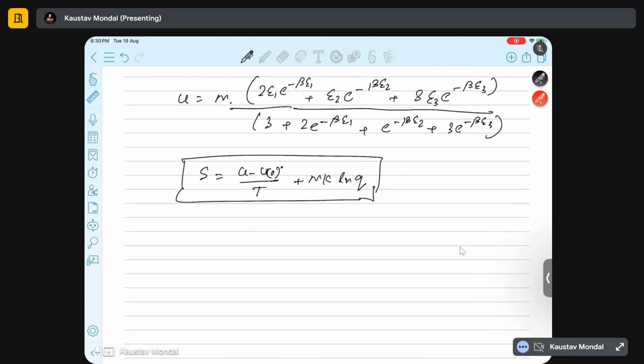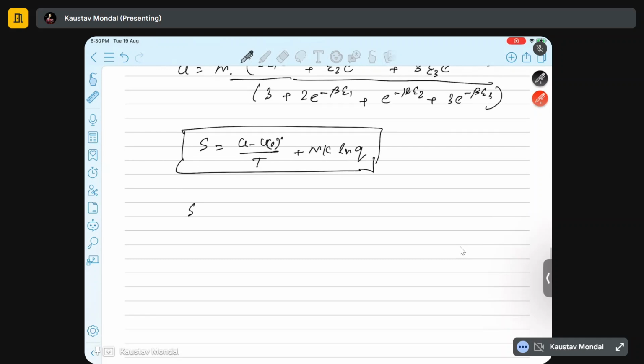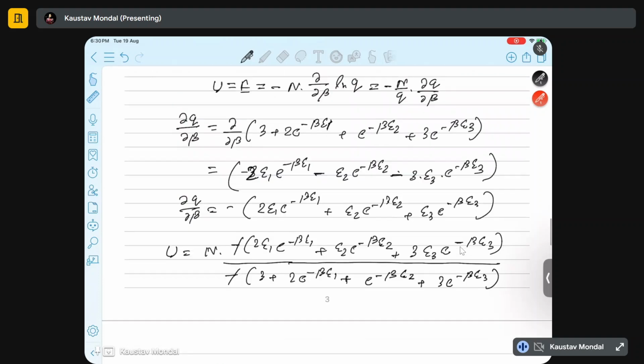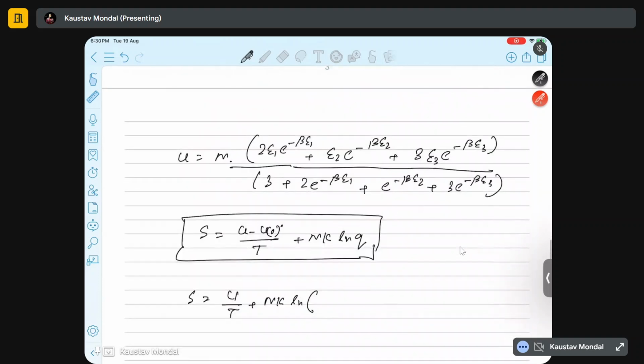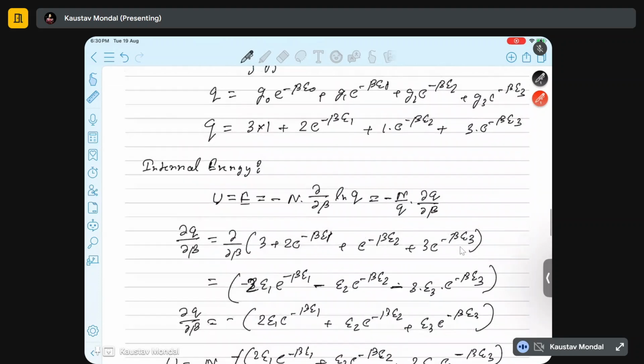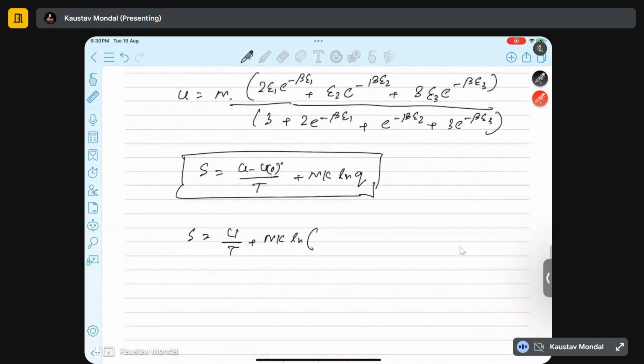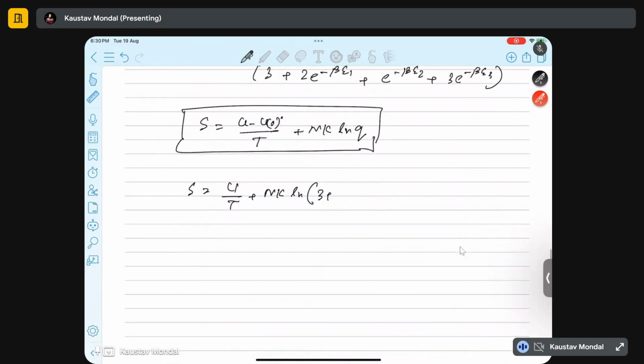So S would be U by T plus N k ln q, where q is the expression of the partition function. That would be 3 plus 2 e to the power minus beta epsilon 1 plus e to the power minus beta epsilon 2 plus 3 e to the power minus beta epsilon 3.